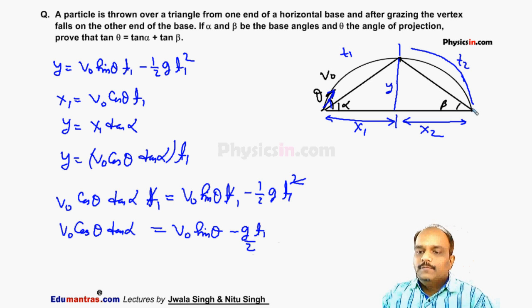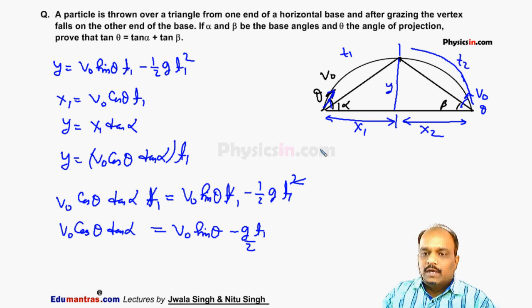Now similarly, if we project the particle from here with same speed v naught at the same angle theta, this particle will again strike the same point, and in this situation we can say y and x2 are related as y is equal to v naught sin theta into t2 minus 1 by 2 g into t2 square.